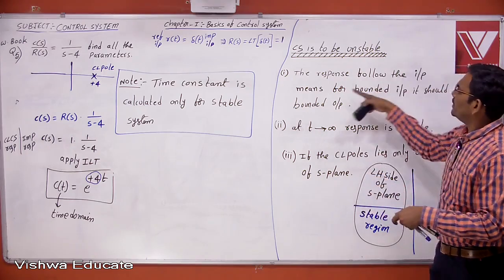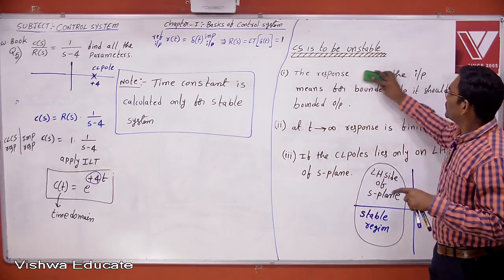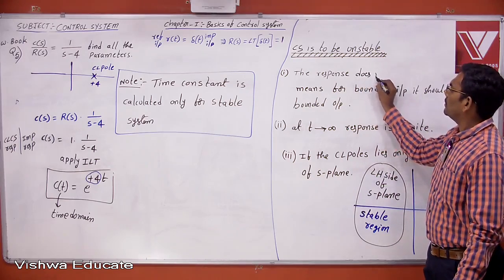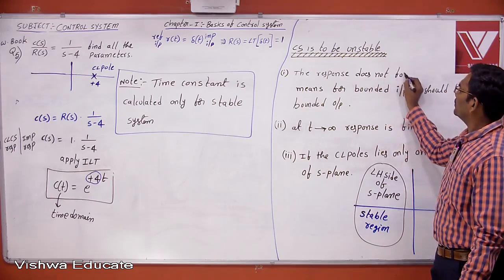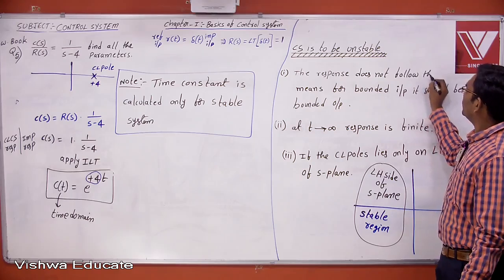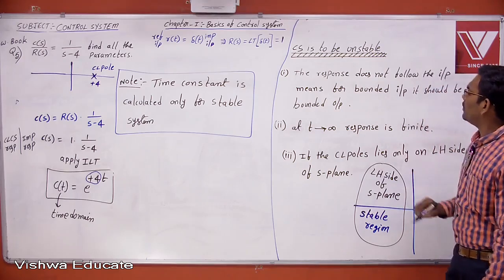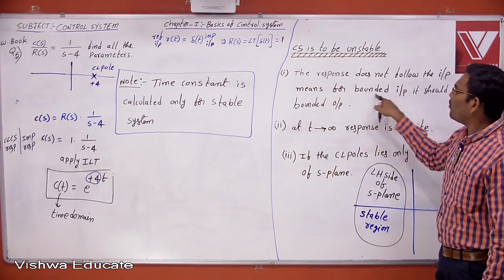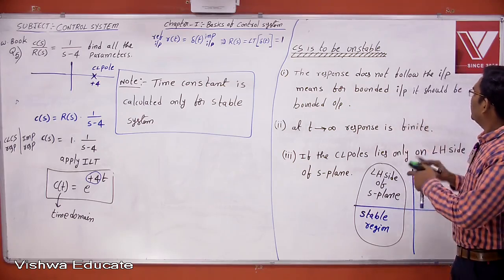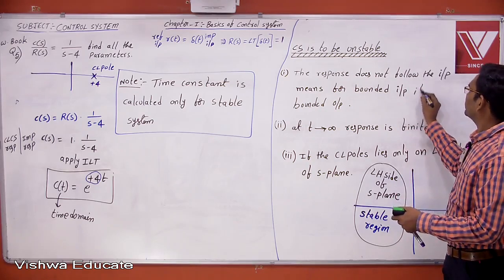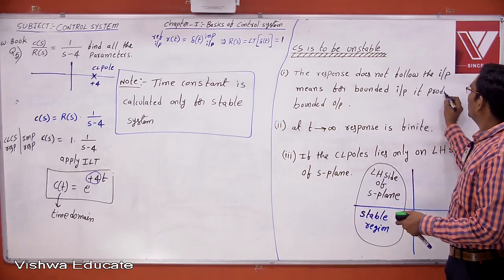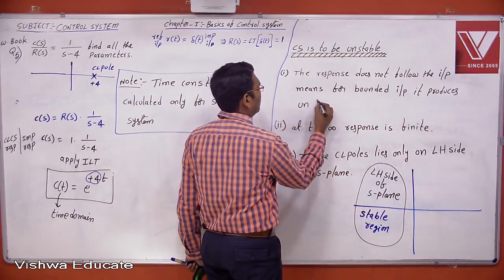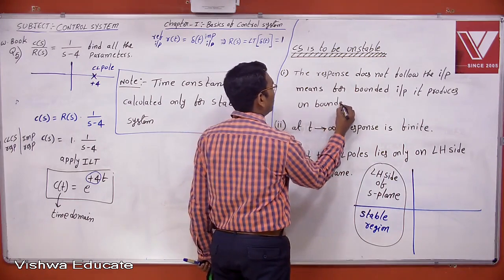If the response follows the input, the system is stable, but if the response does not follow the input, then the system is unstable, which means for a bounded input, we are giving a bounded input, a good input, but it produces unbounded output.